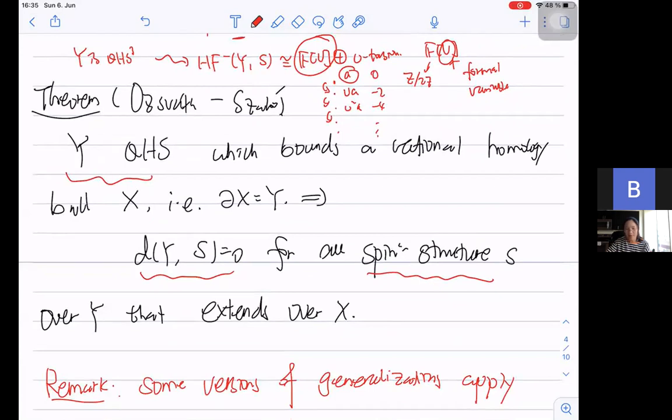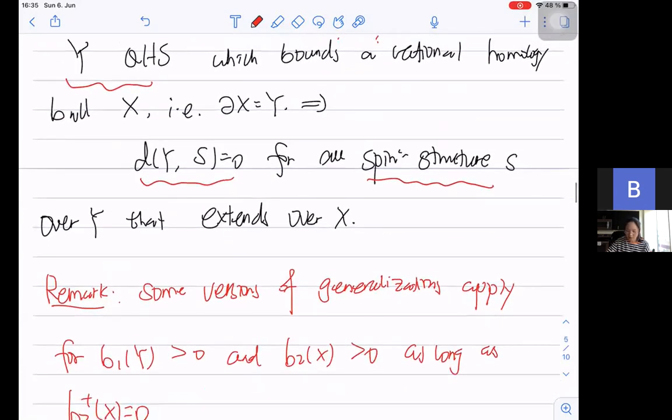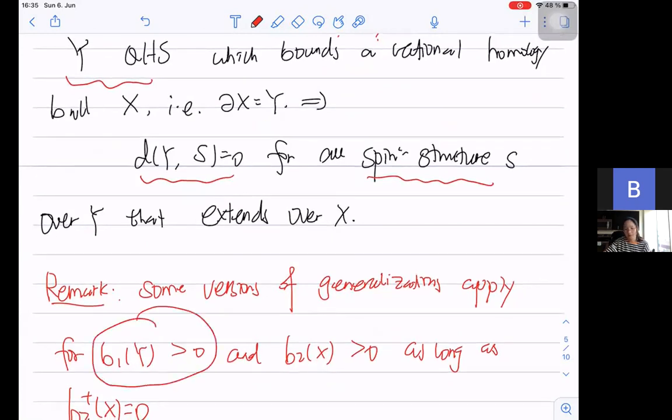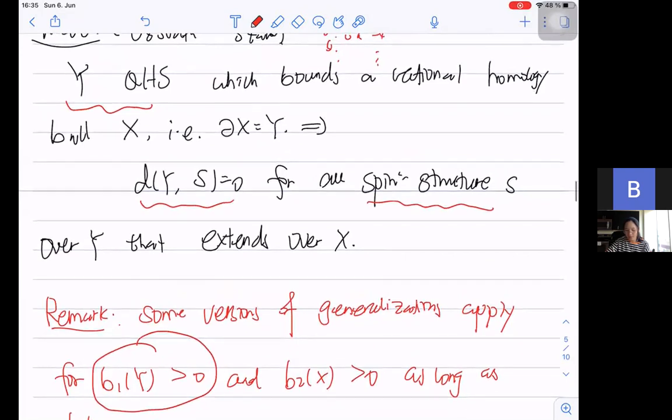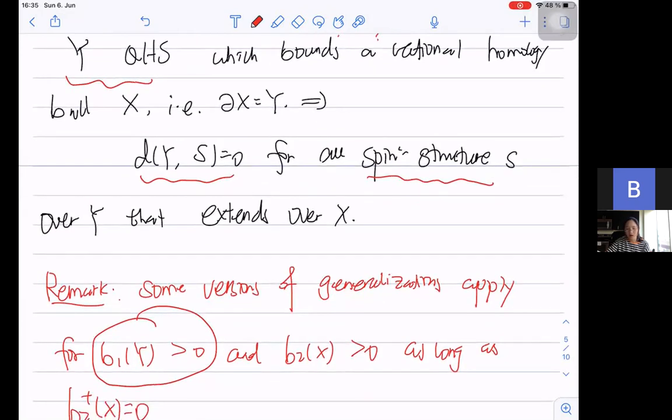Later, this d invariant can be generalized to other three-manifolds with positive first Betti number. There are other versions of the generalizations when we consider the first Betti number of the three-manifold to be greater than 0, meaning now our Y is not a rational homology sphere. And also there are some generalizations when the four-manifold it bounds is not a rational homology ball, but just some arbitrary four-manifold with positive second Betti number.